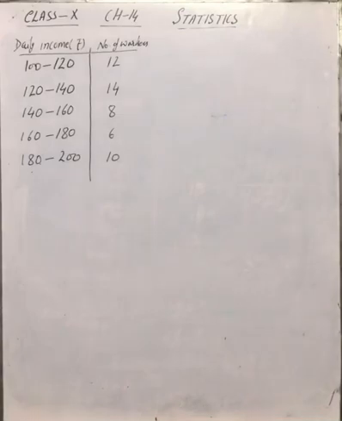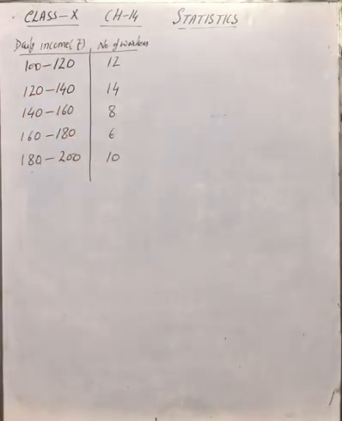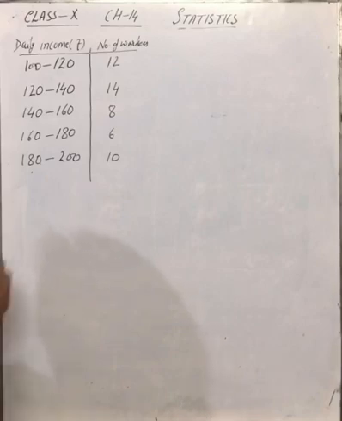One question I have already written. We are given class intervals and we are given number of workers. We need to find mode of the question. Before finding mode, let me write the formula which we are going to apply in mode so that you can understand it in a better way.